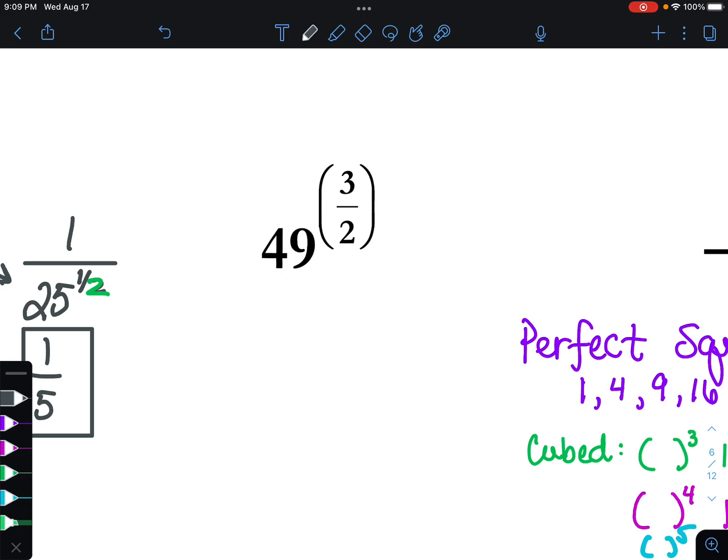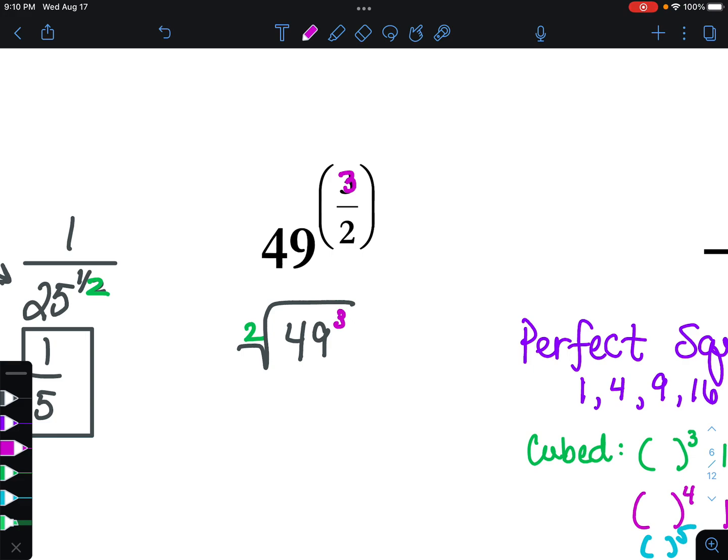So here, bottom out, it's going to be the square root of 49, and then that numerator is going to follow the 49 here. So this is where it could get a little bit tricky. We can rewrite it like this, which would be fine.